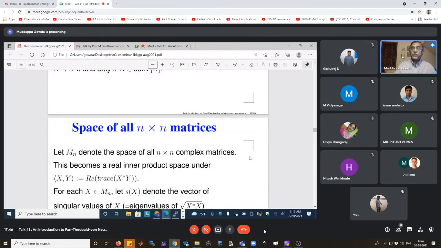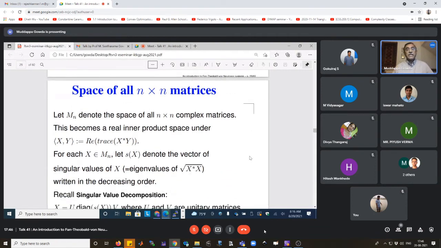Well, previously we dealt with spaces of real symmetric or complex Hermitian matrices. Now I can look at the space of all n by n matrices. I'm going to be quick here. Let M sub n denote the space of all n by n complex matrices.